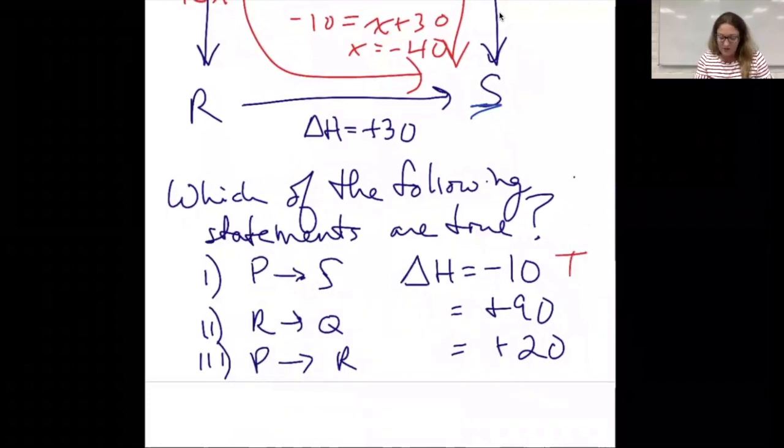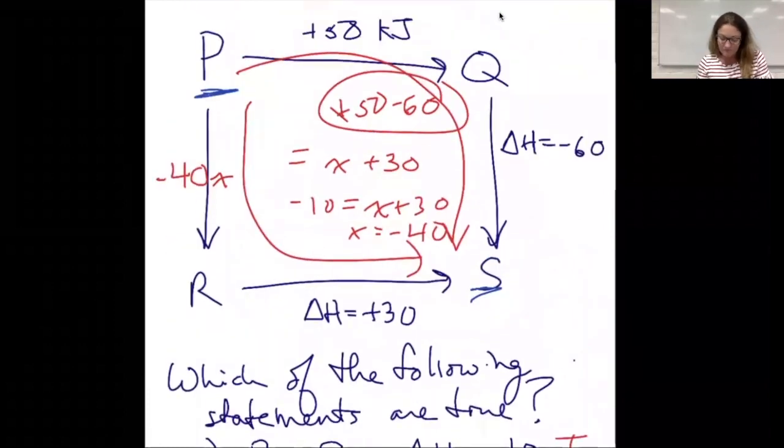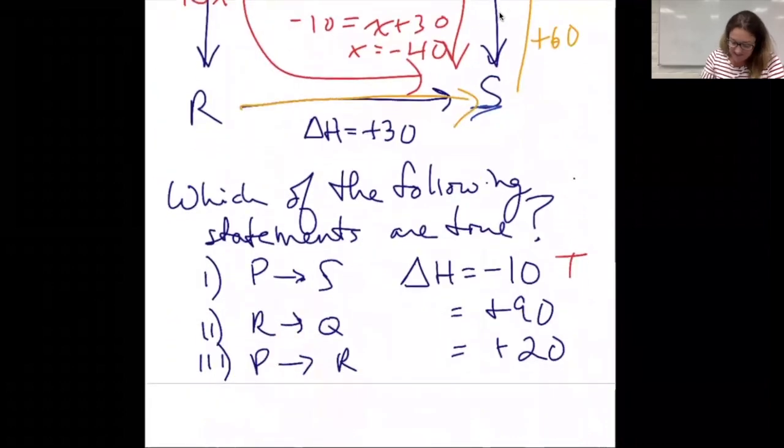R to Q equals positive 90. Going along here, positive 30. Going this way, the wrong direction would be positive 60 instead of negative 60. So positive 30 plus positive 60, indeed, that one is also true.